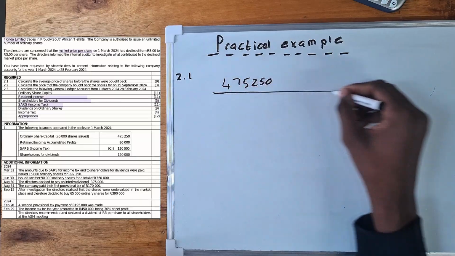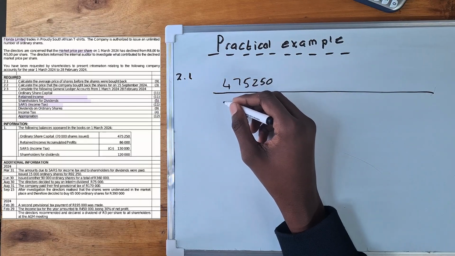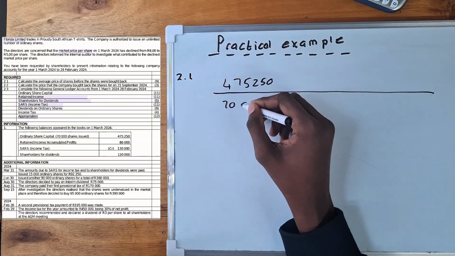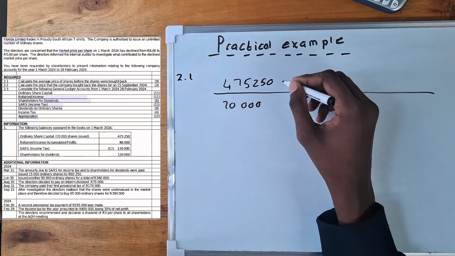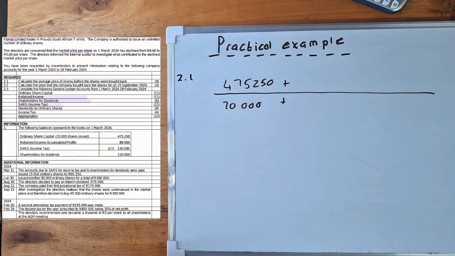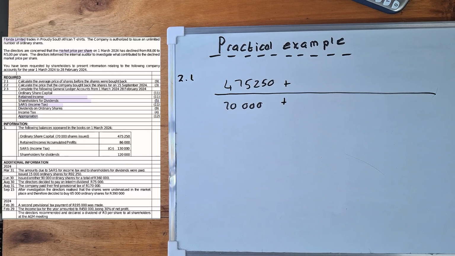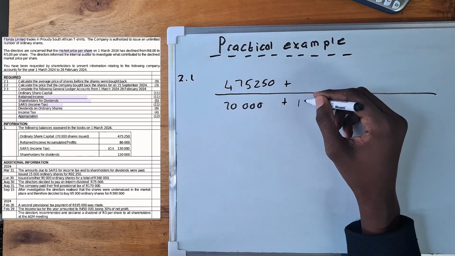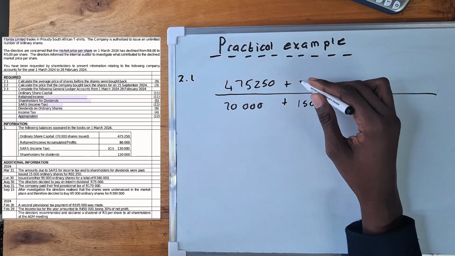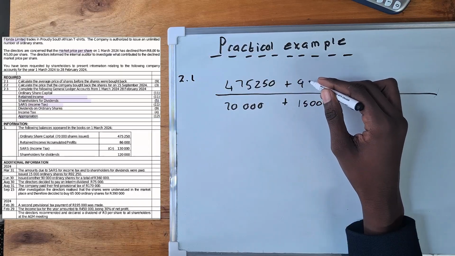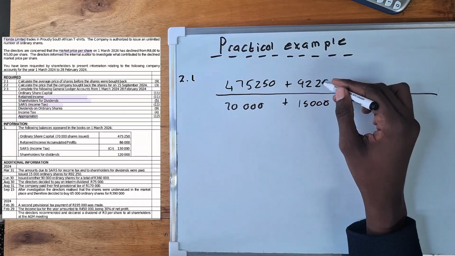And then we can just put a table here. Then the number of shares for this amount is 70,000 shares, right? Then we add the additional shares. The next pair of additional shares was 15,000 shares for 92,250.